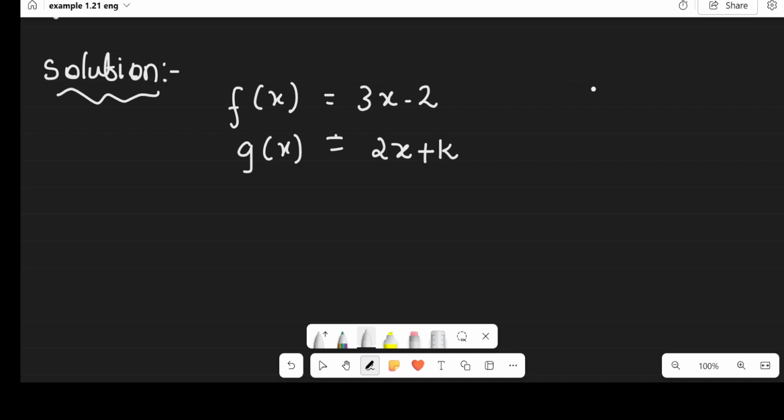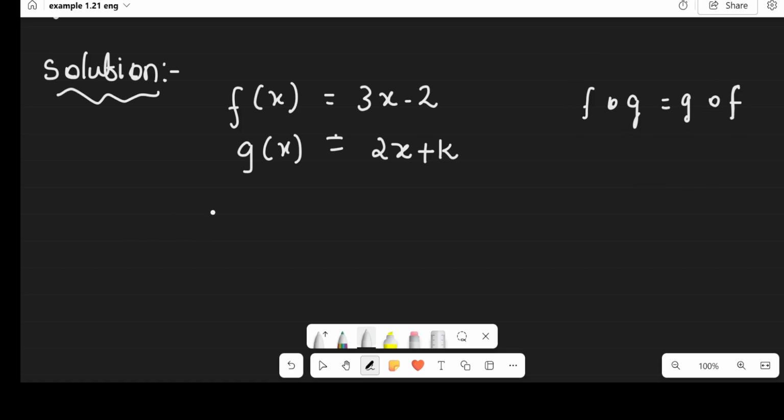We need to check whether f of g equals g of f or not.